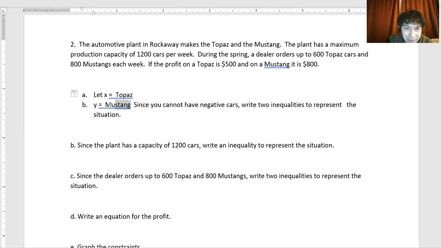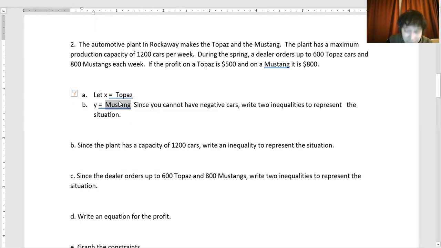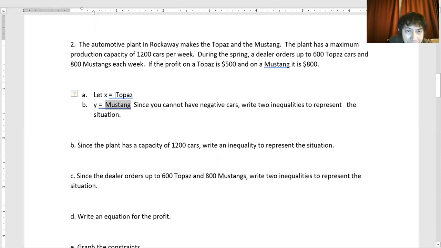Then we shall color this red. Well, the previous, we were able to make it red for our answer. And this will be for the Mustang there. This will also be red, so at least we're consistent with the variables.